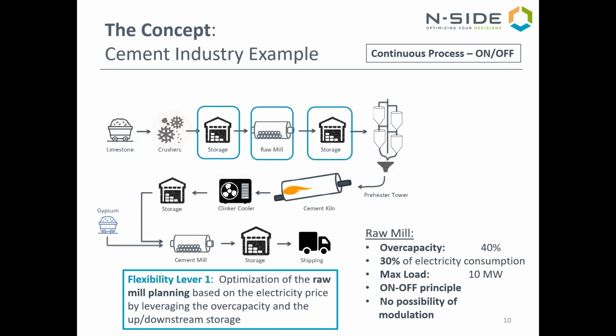It's on-off, so no possibility to modulate this process. It's only switch on or switch off. So typically here, the type of flexibility we have will be to optimize the raw mill planning based on the electricity prices by leveraging this 40% overcapacity and also the upstream and downstream storages that you can see on the slides.